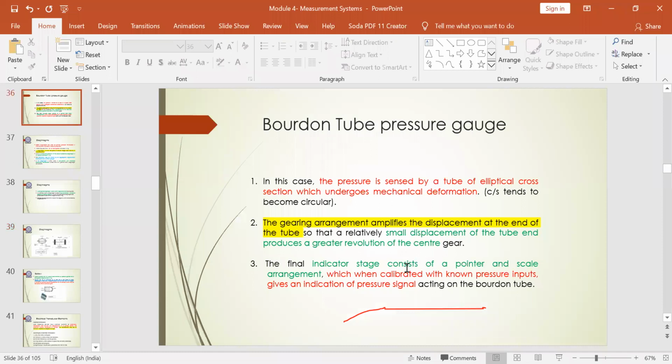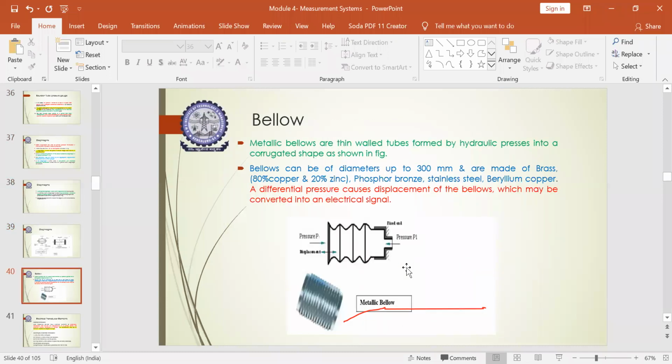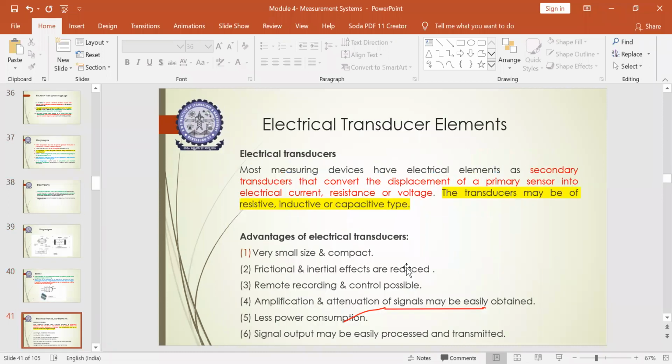In the next class I will be starting with the electrical transducer elements, because currently we have the seminars of the final year students, which start at 9:30, so I have to leave at least 5 minutes early. For that reason I'll be stopping the class right away. I can see only 27 students now.